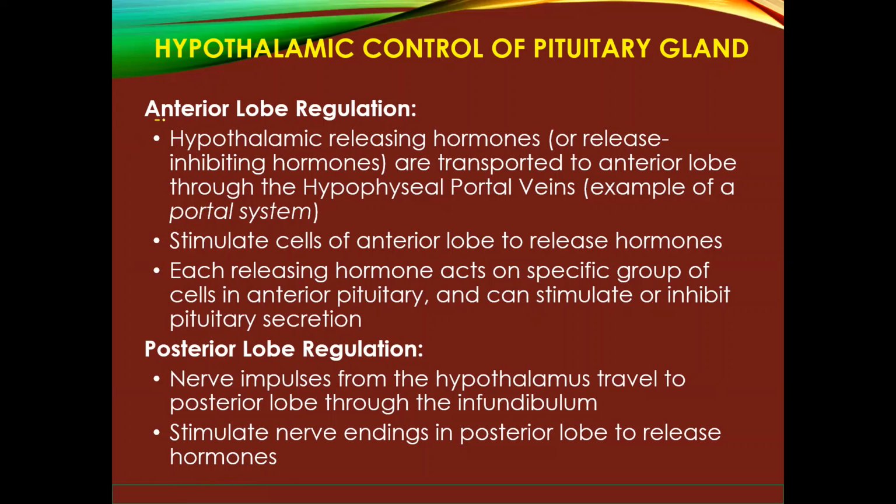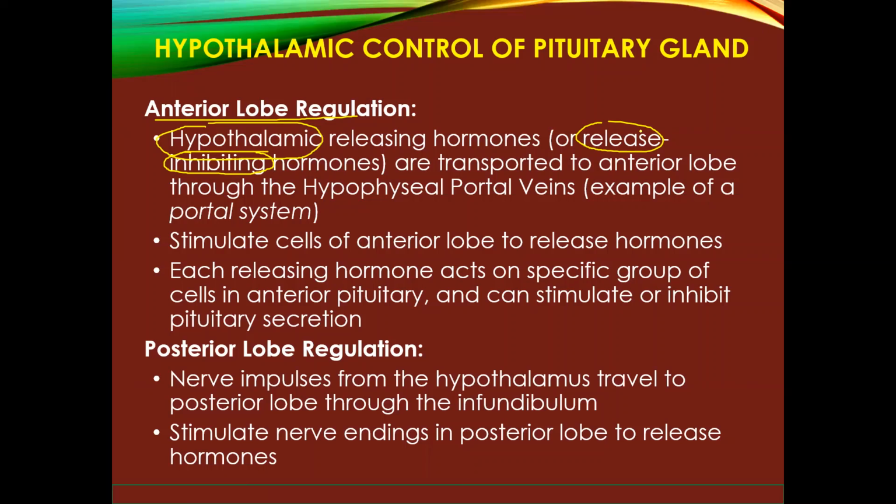The anterior lobe of the pituitary gland is controlled by the hypothalamus by producing what we call releasing or inhibiting hormones. So there will be 2 types of hormones produced by the hypothalamus, releasing hormones or inhibiting hormones.